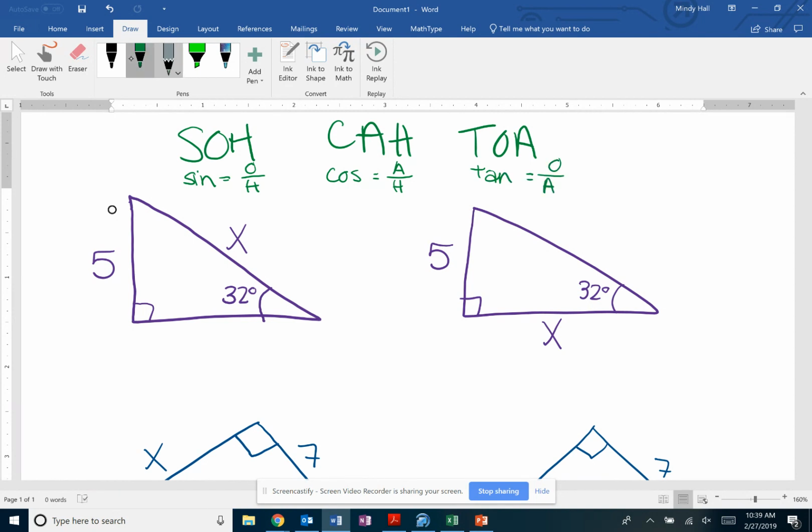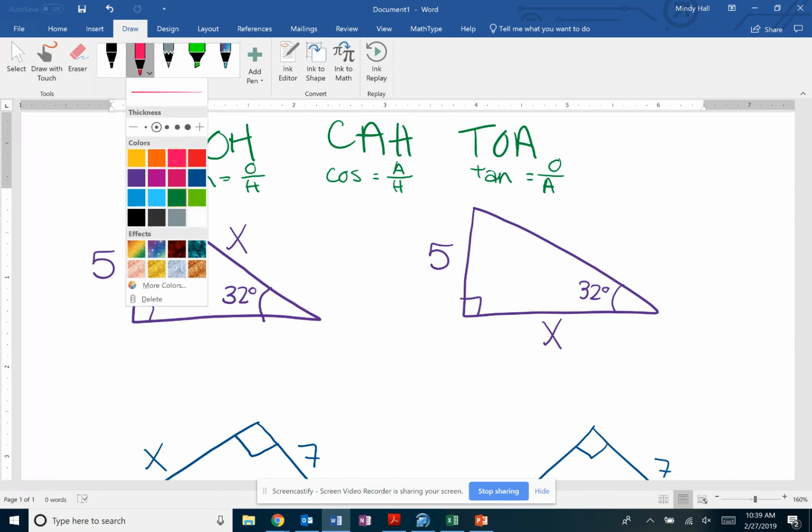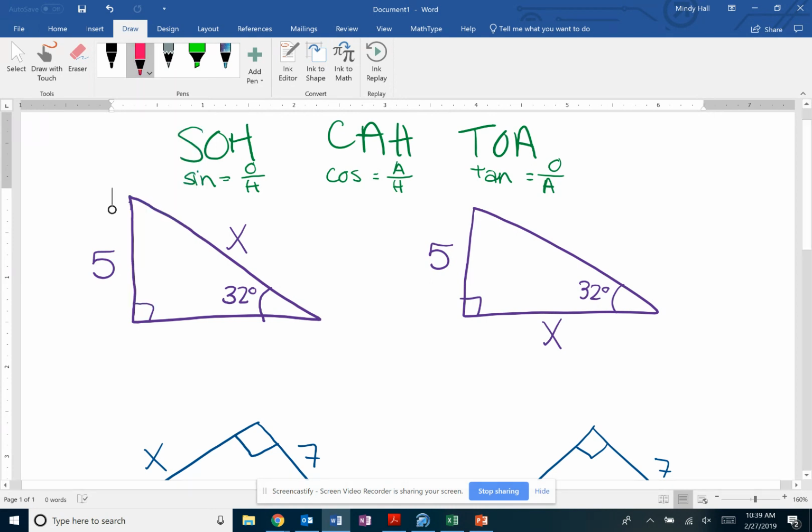Starting with these first two, we have a 32-degree angle, and from the 32-degree angle that we're concerned about, we know that this is our opposite side and that the x is our hypotenuse, because remember, our hypotenuse is always opposite of the 90. Picking your trig function is simply based off of what sides you are given and what angle you are referring to.